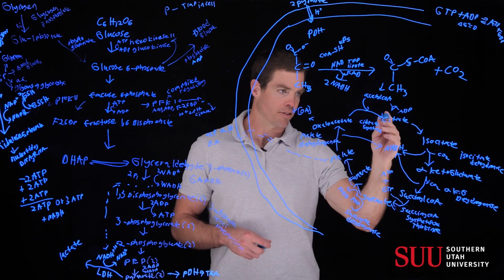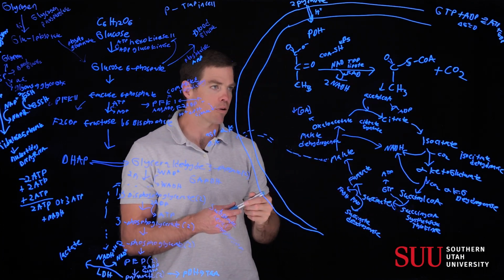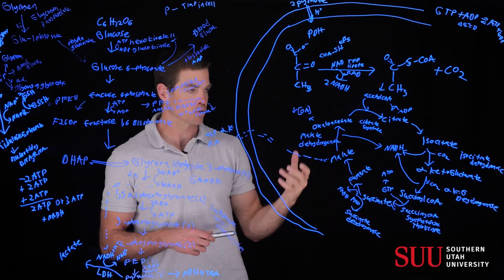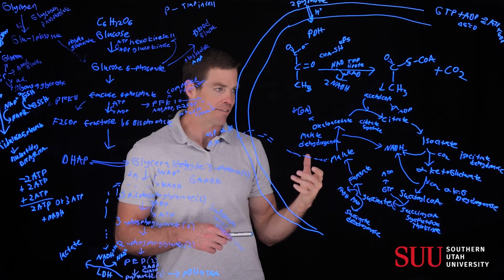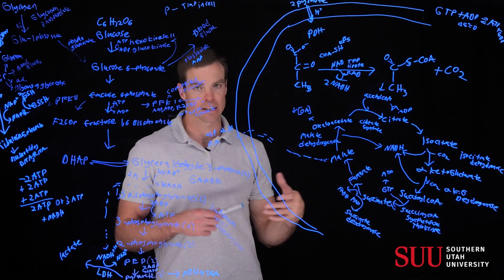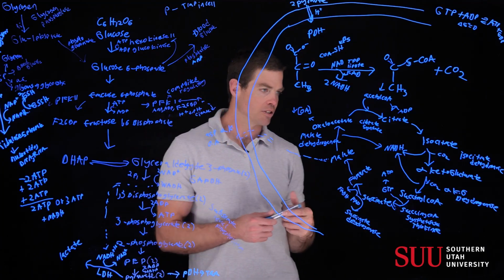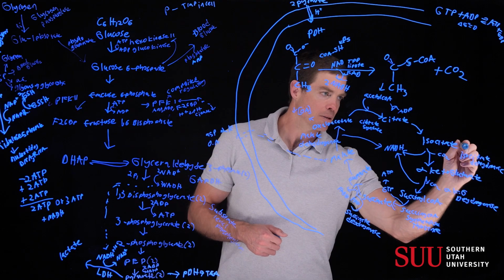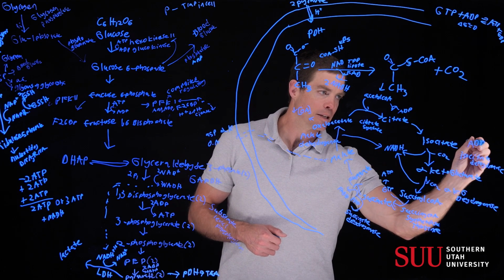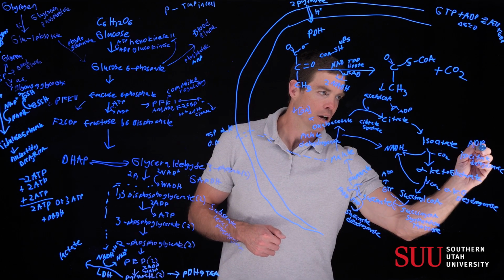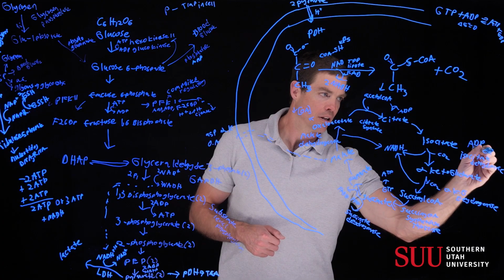And now that's an important enzyme, but some of these other enzymes that are even stronger regulators are the dehydrogenase enzymes. So like isocitrate dehydrogenase, this is going to be upregulated by ADP and actually calcium as well.